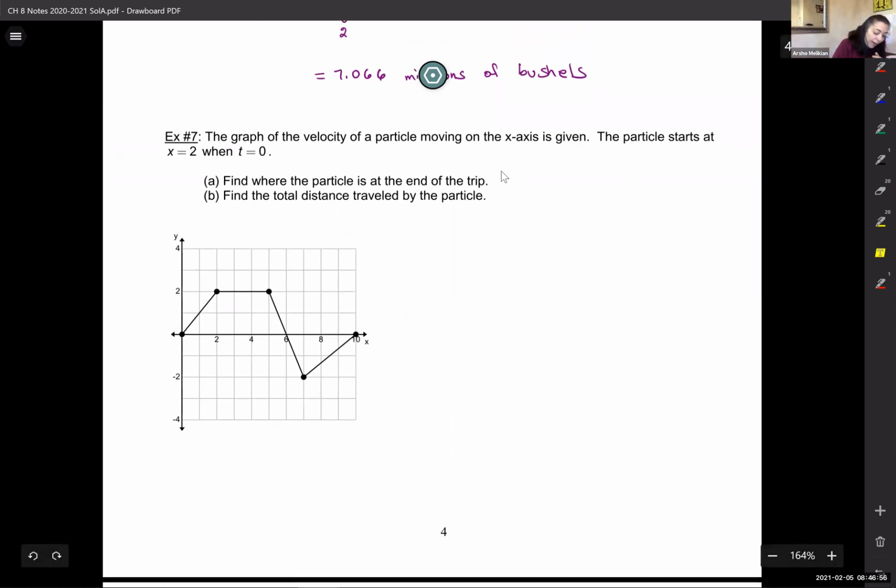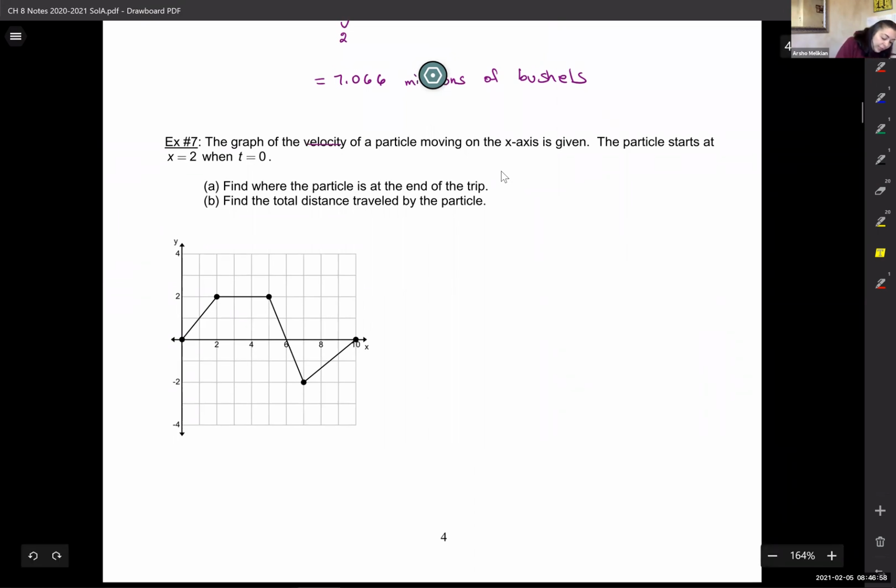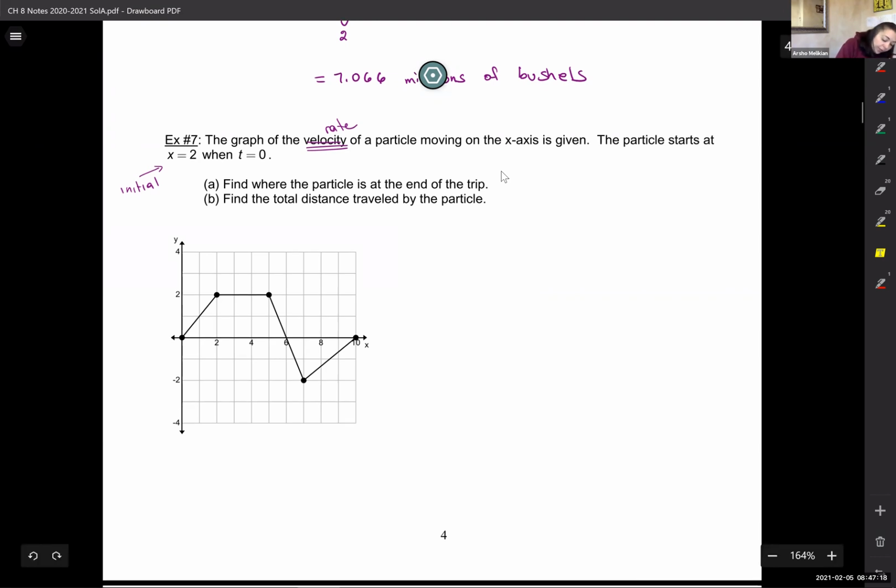All right. So here is the graph of the velocity, right? Again, velocity is the rate of a particle moving on the x-axis. The particle starts at x equals 2 when t equals 0. So that's the initial. Find where the particle is at the end of the trip. So we want the final position.